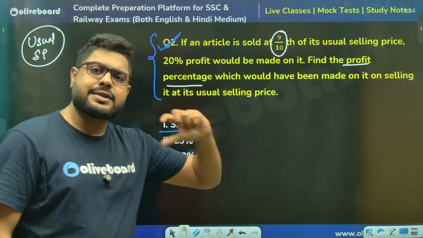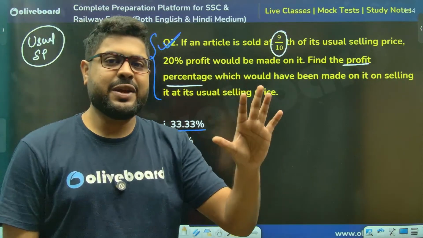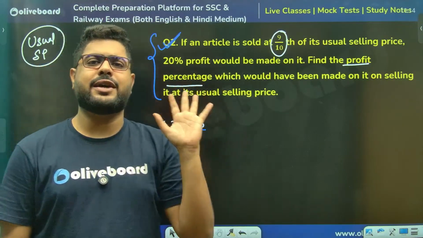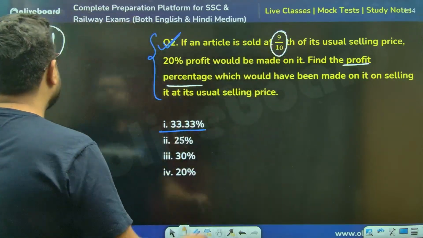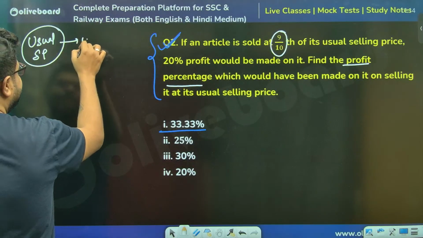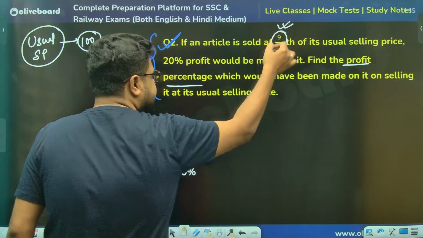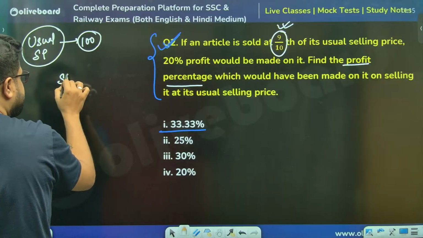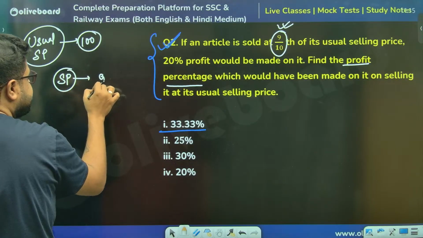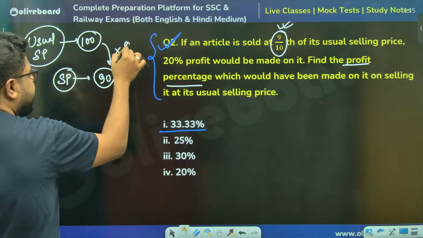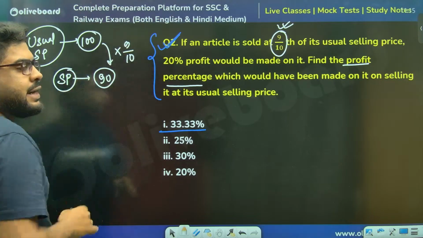So I don't need to take any variable X, Y, Z. I can simply go with 100 percentage. So usual SP I'm taking 100 rupees. It was sold at 9/10 of that. So actual SP is 9/10 of 100, which is 90 rupees.